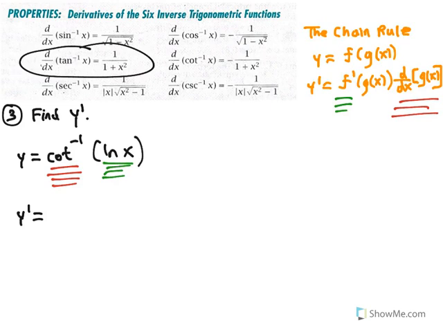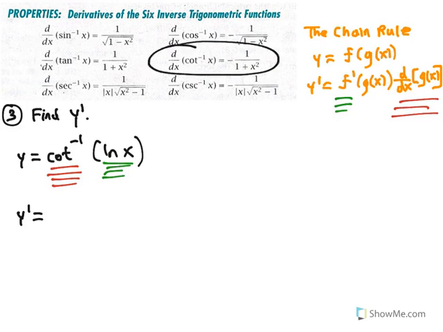So what is the derivative of the outside function? So we're looking at the outside function being the inverse cotangent function. So the derivative of that is negative 1 over 1 plus the square of the inside function.